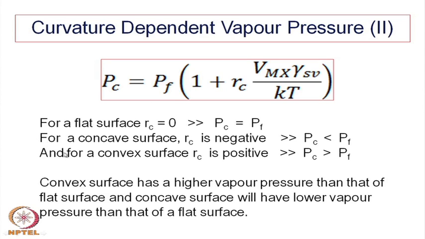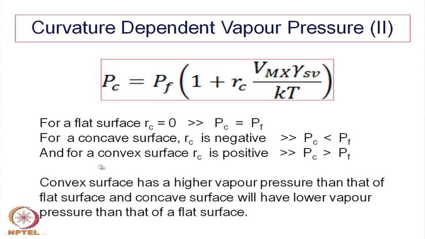But the more important results are here. For a concave surface Rc is negative, so the total quantity becomes negative and the factor becomes less than 1. Therefore Pc, the vapor pressure over the curved surface, is less than that of the flat surface. Pc is less than Pf.